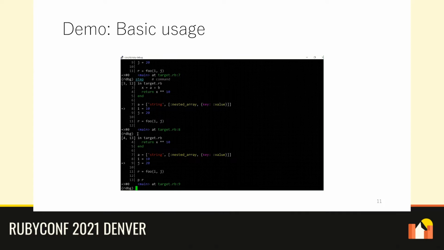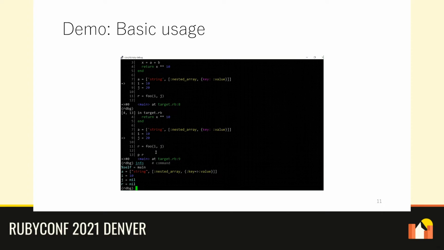An empty line means repeating the previous command, so we can repeat the step command here. And we can see the local variables with the info command. In this case, local variables a and i are assigned, and j and r are not assigned yet.